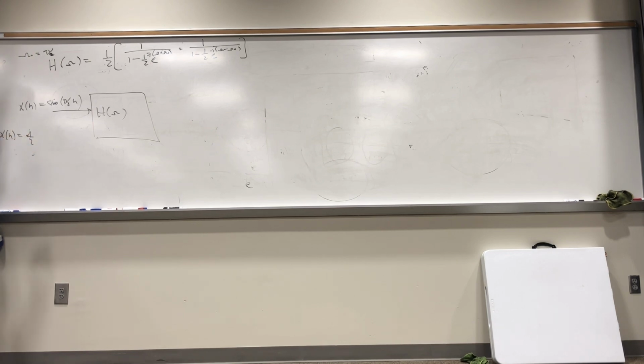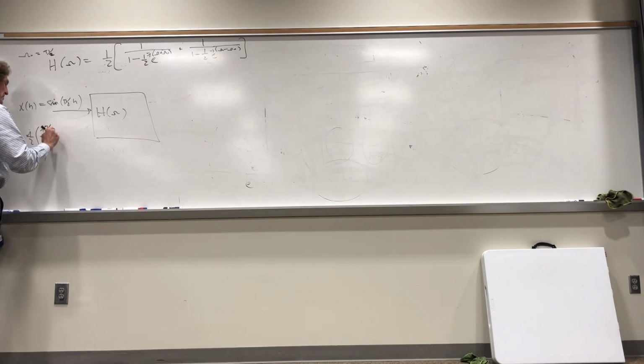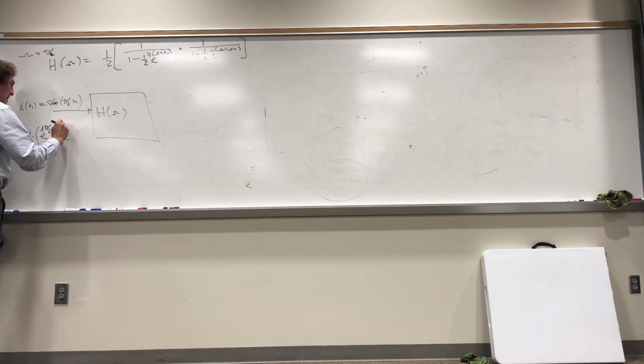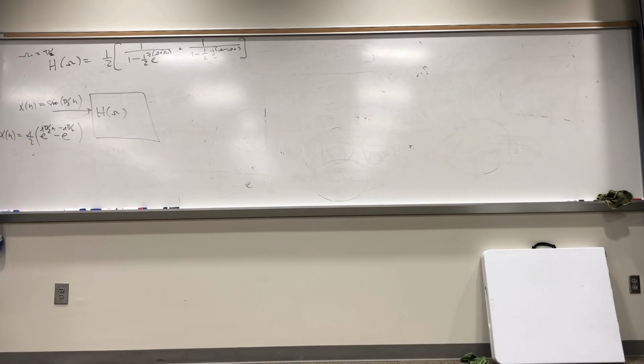j over 2, there's a phase, right? Times what? e to the j pi over 2 n minus j pi over 2, right? Isn't that right, class? Are you with me? Yeah, it's e to the j pi over 2 n minus j pi over 2.